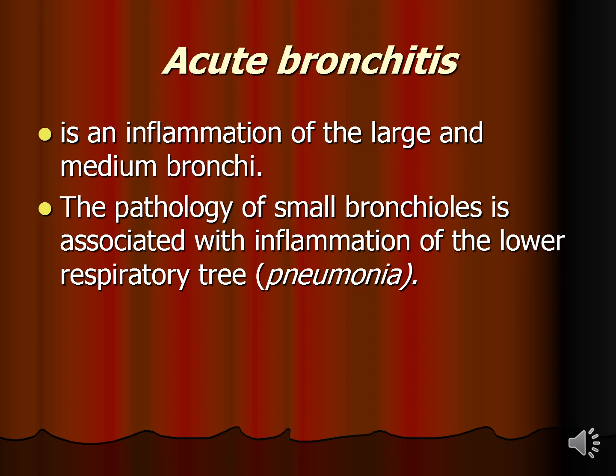Acute bronchitis is the inflammation of the large and medium bronchi. The pathology of small bronchioles is associated with inflammation of the lower respiratory tree. We'll discuss it later. It has the name pneumonia.